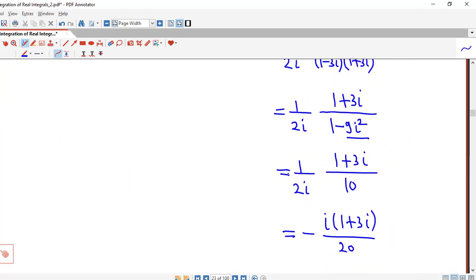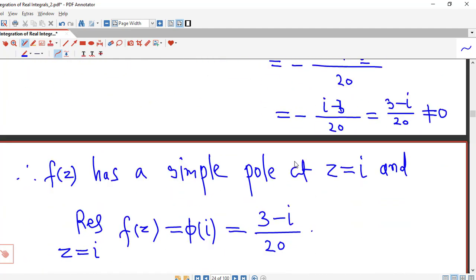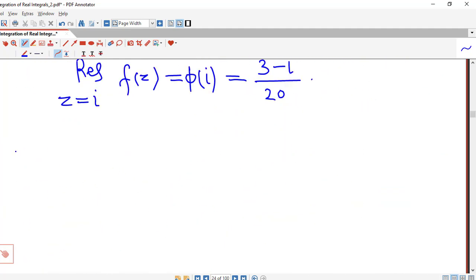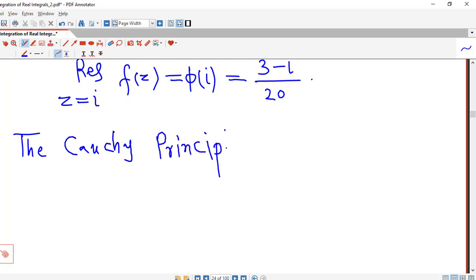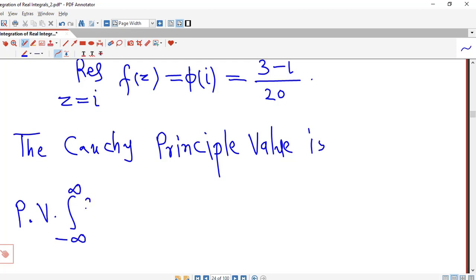So we have obtained the residue at all three simple poles: 1, 2 and I. Now we can apply that formula. The Cauchy principal value of the given improper integral, first we write the formula: the Cauchy principal value of the integral from minus infinity to infinity of f(x) dx is equal to 2 pi I times the sum of residues of f of z in the upper half plane.